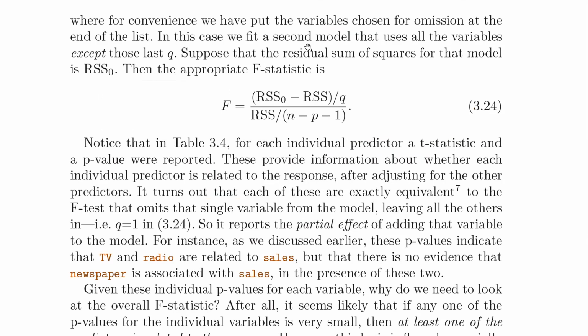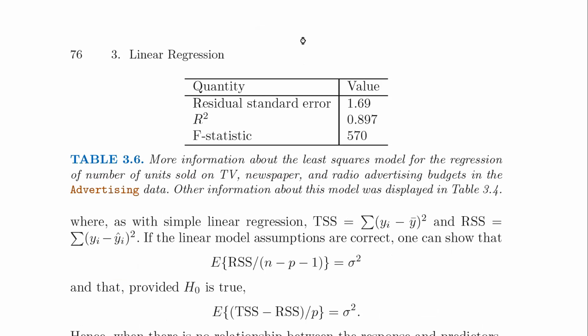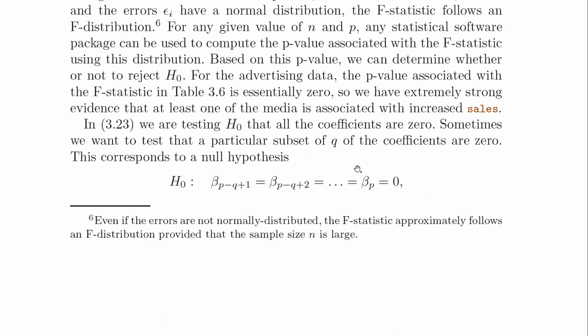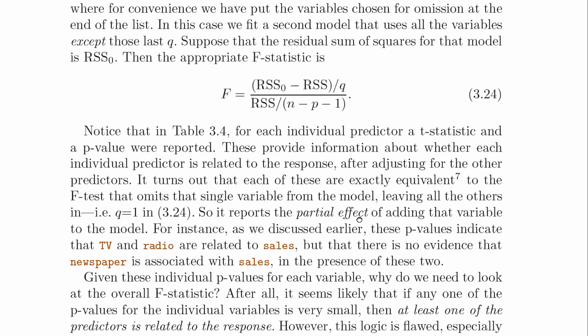For convenience, we have put the variables chosen for omission at the end of the list. In this case, we fit a second model that uses all the variables except those last q. So what you're doing is saying, can I do without these q variables?